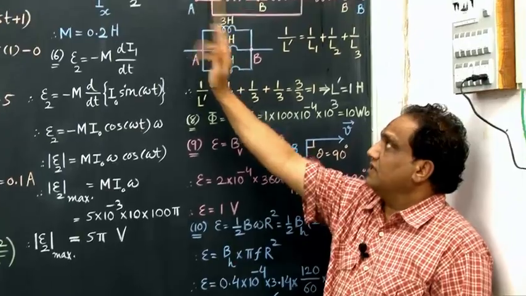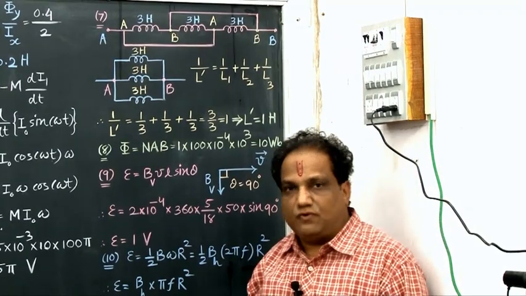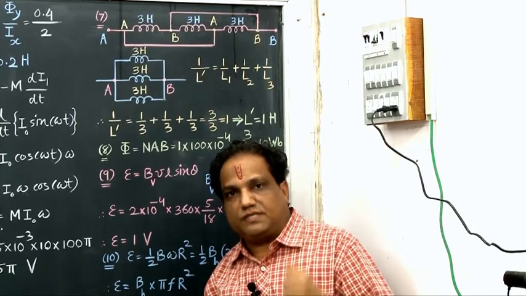Come on, read now number 7. What is given to us?